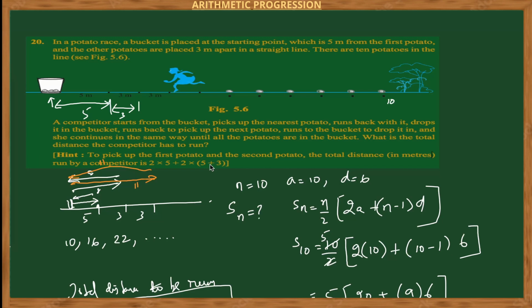Once you form the series or the sequence, then you can find the required answer using the sum formula. If you know the last term, you can use that; otherwise we have the standard formula. By substituting the values in that, we should be able to get it. Hope this is clear, and I think we have come to the end of the last question.